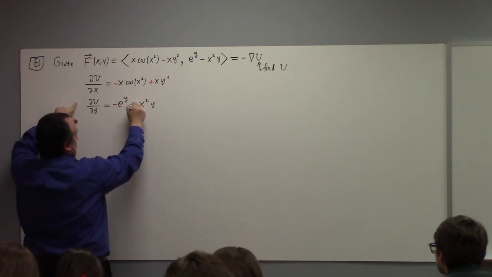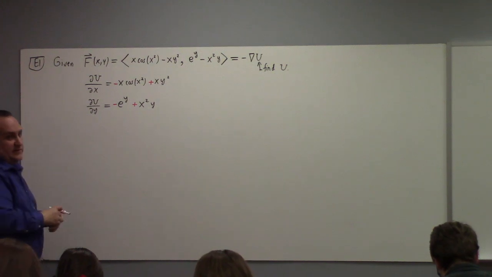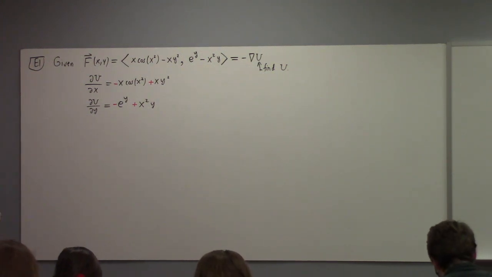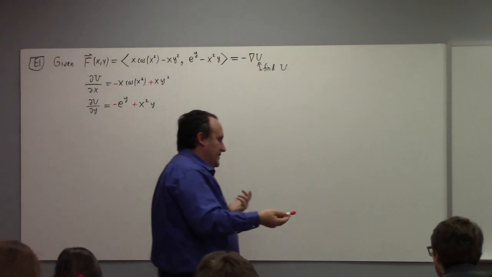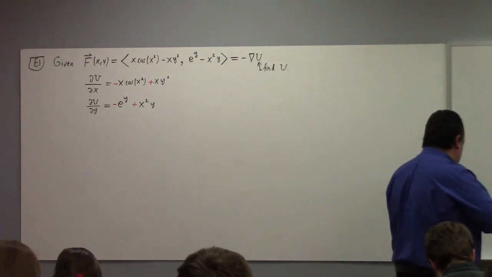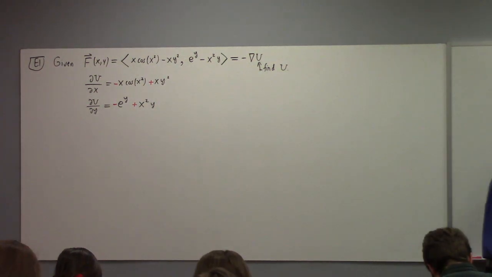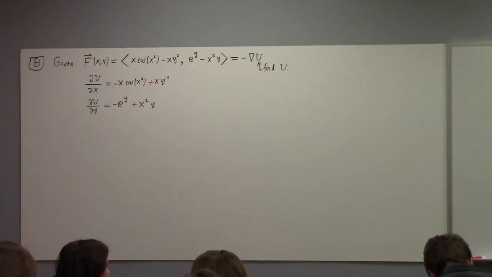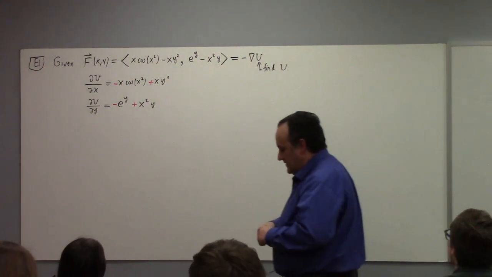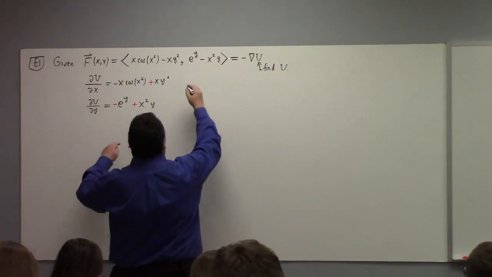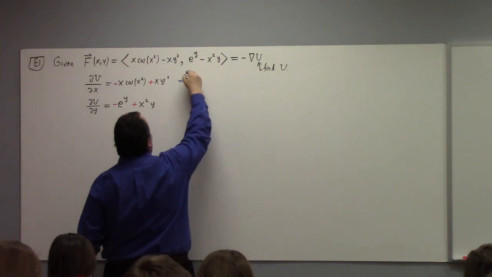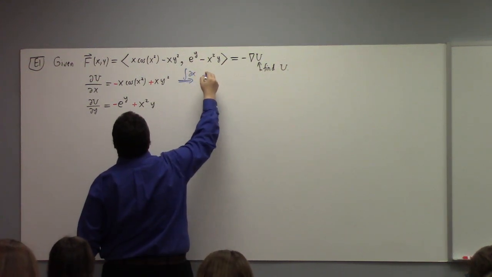All right? Okay. So then there are basically two strategies for solving for the potential energy, and I'm going to show you the strategy which is, let's say, foolproof, in the sense that if it doesn't work, it means that the potential energy function doesn't exist. All right, so here, I integrate with respect to x holding y fixed.